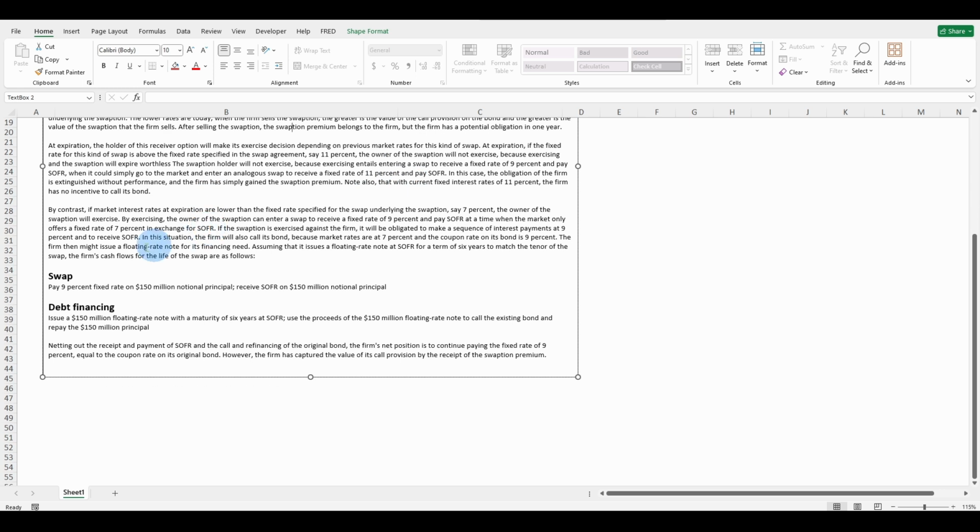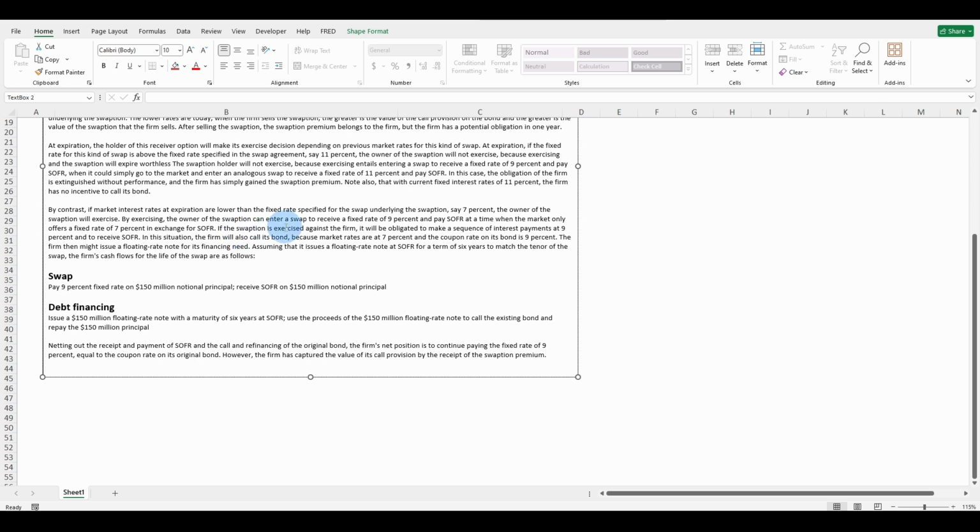By contrast, if market interest rates at expiration are lower than the rate specified for the swap underlying the swaption, say 7%, the owner of the swaption will exercise. By exercising, the owner of the swaption can enter a swap to receive a fixed interest rate of 9% and pay SOFR at a time when the market only offers a rate of 7% in exchange for SOFR.